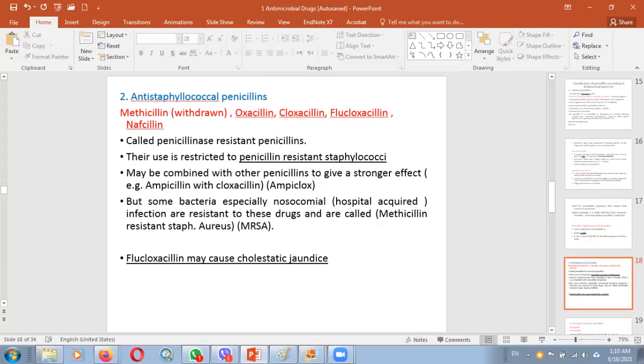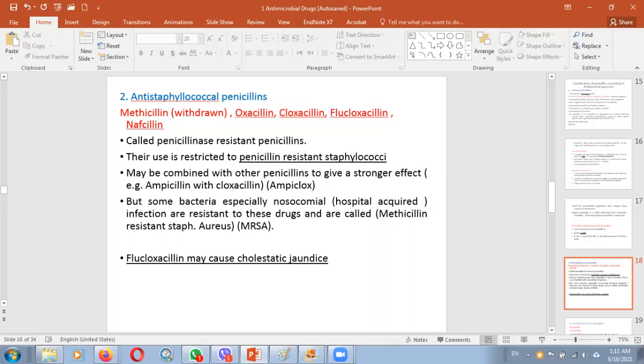They are called penicillinase resistant penicillins. They can work against the penicillinase enzyme, meaning they can overcome the effect of the penicillinase enzyme of resistant bacteria.